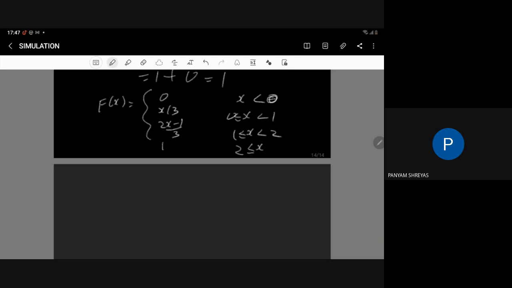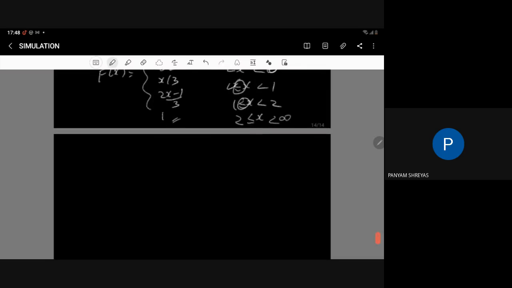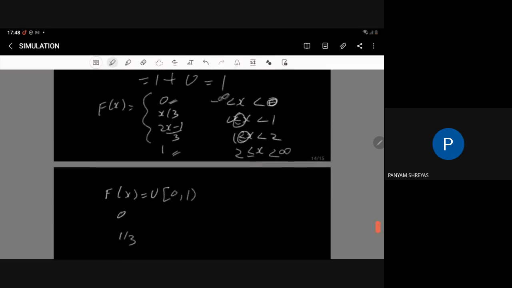Again you can notice here Fx has values 0 to 1 for x from minus infinity to infinity. So when we set Fx equal to u between 0 and 1, here we have 0, here we have 1, and here we have 1 by 3.